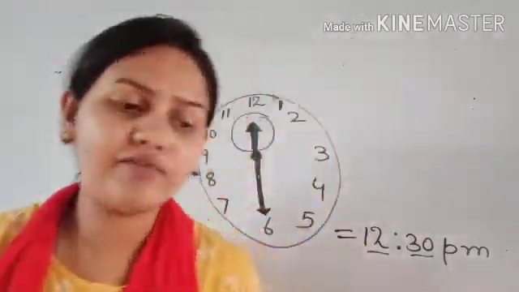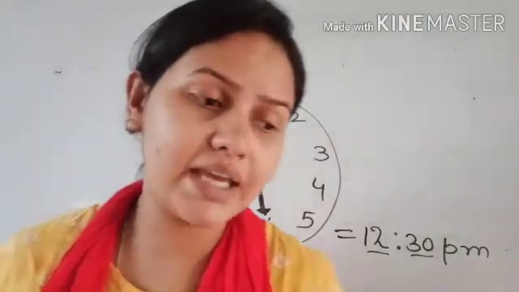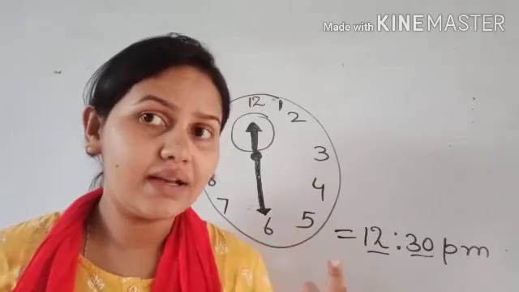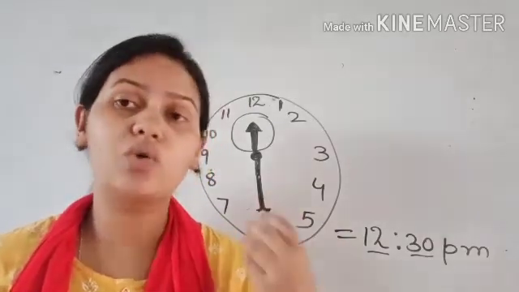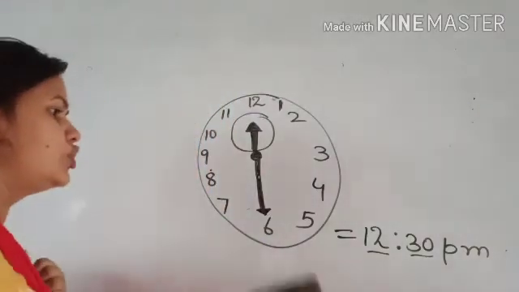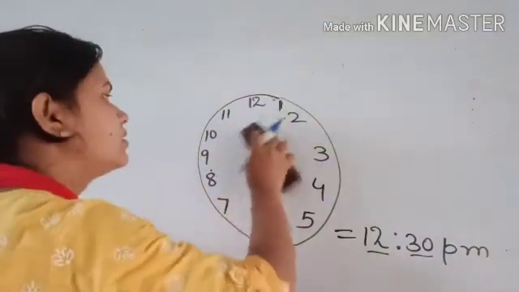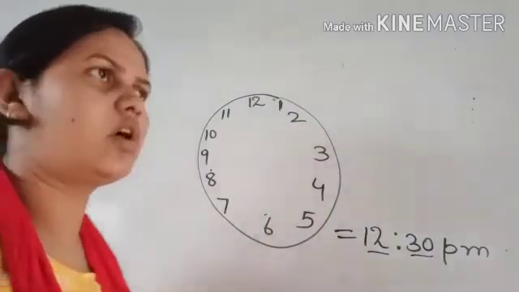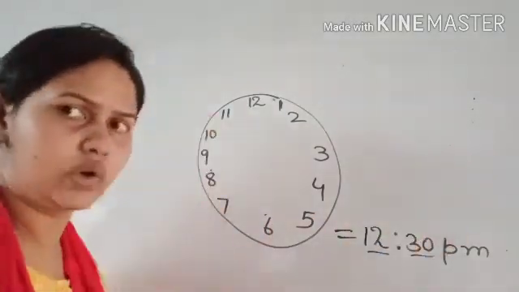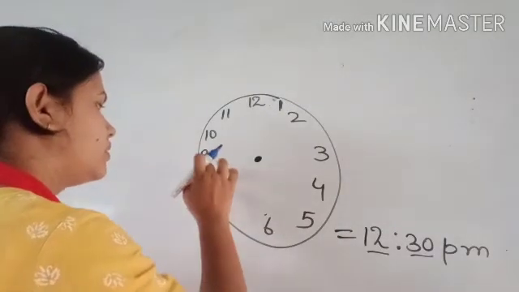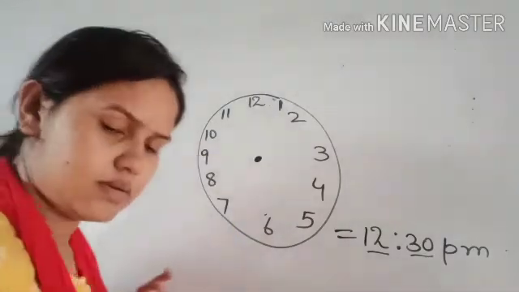Now we have to show the time that you have your dinner. At which timing do you have your dinner? I can see that you are taking your dinner at 8 o'clock or 9 o'clock. Let's take your dinner at 9 o'clock, right? I will draw again.